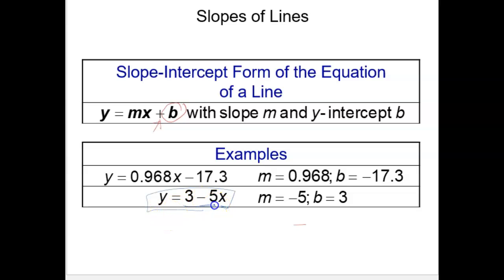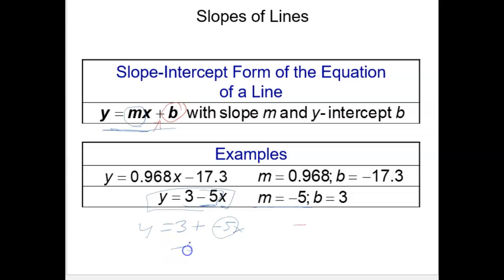This could be written as 3 plus a negative 5x, because in our form up here, everything is written with pluses, so we write it that way to match the form. But what we see is m is the number in front of the x. It doesn't matter that the 3 is first. What matters is that the negative 5 is in front of the x. So your slope is negative 5, and your y-intercept is 3.